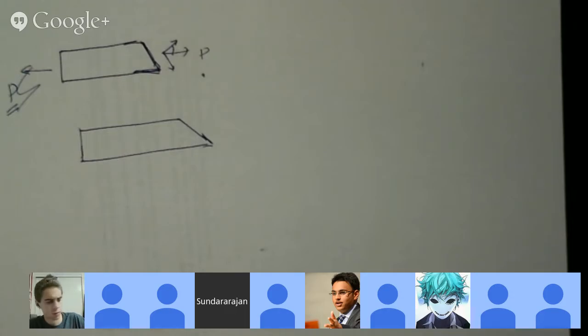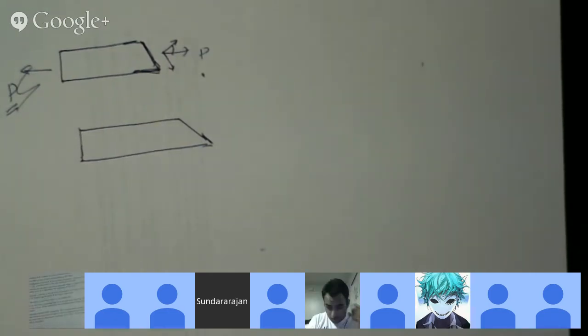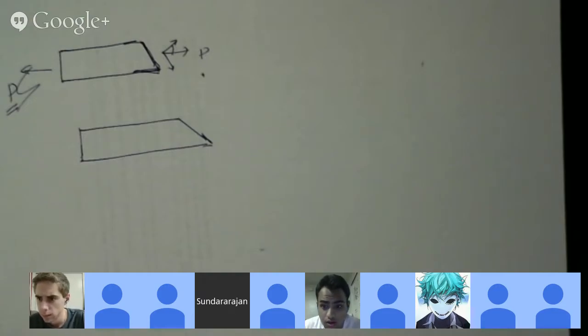Was it 11? No, it's 12. Okay, so it's a wooden beam supported by a rope.